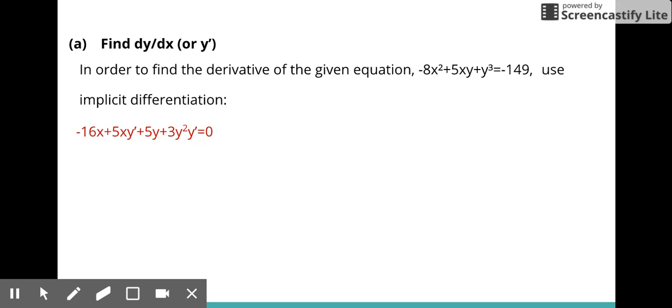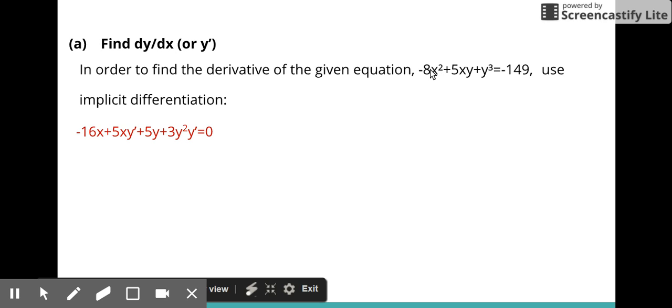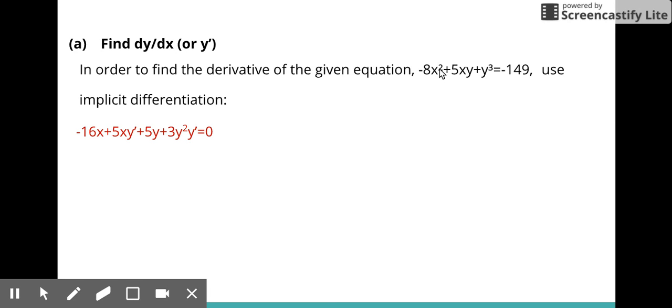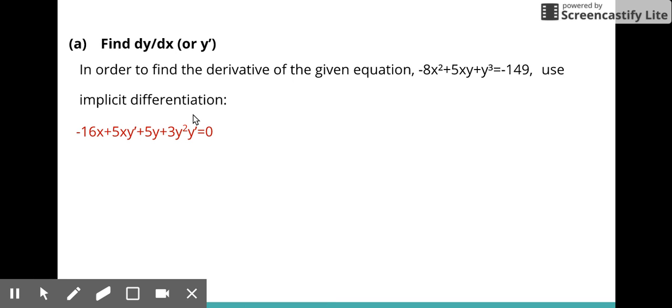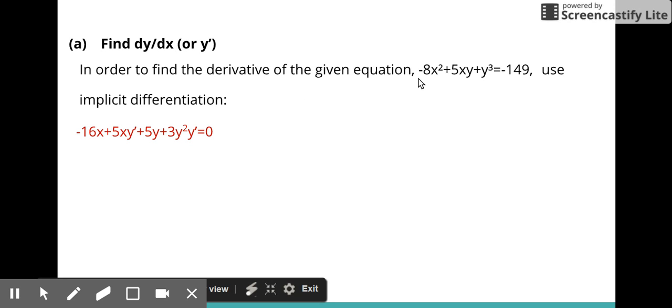As you can see, we use the power rule in negative 16x, which comes from the negative 8x squared. 2 times 8 is 16, 2 minus 1 is 1. So we get negative 16x, 5xy prime, because whenever we see a y, we multiply by y prime, plus 5y, so we use the product rule for that, plus 3y to the second times y prime.